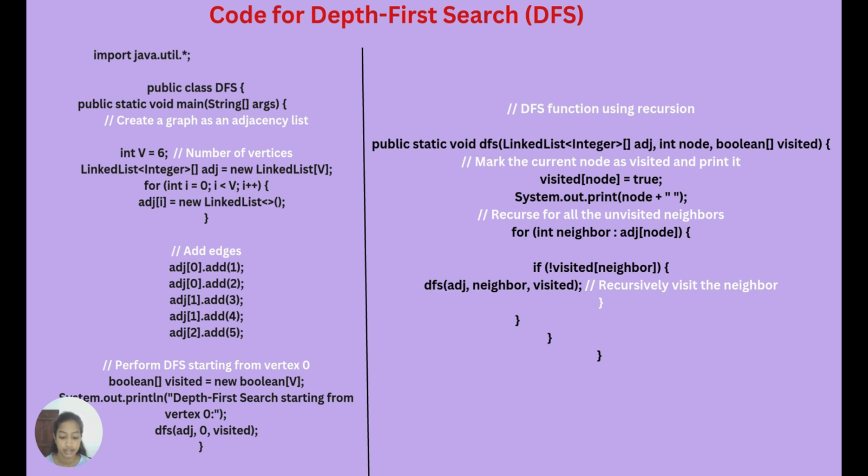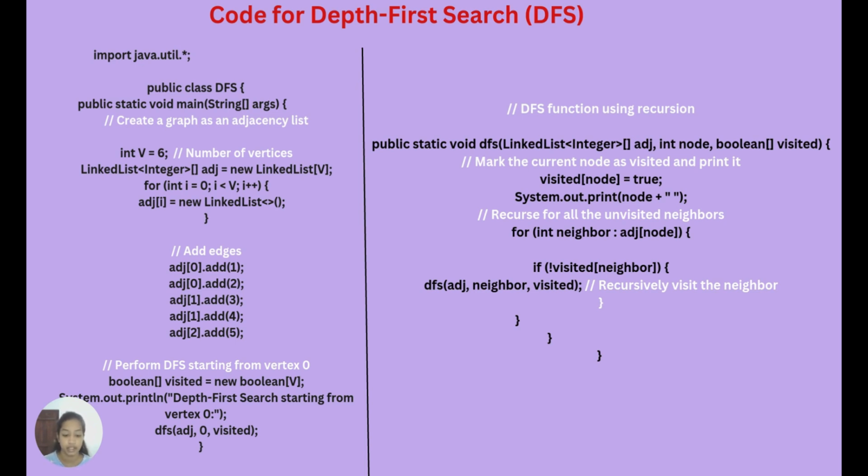LinkedList Integer adj equals new LinkedList V. We initialize an array of linked lists where each entry in the array represents a vertex and the corresponding linked list is its neighbors. The number of vertices V is set to 6 and an adjacency list is created where each vertex will have a list of connected vertices.